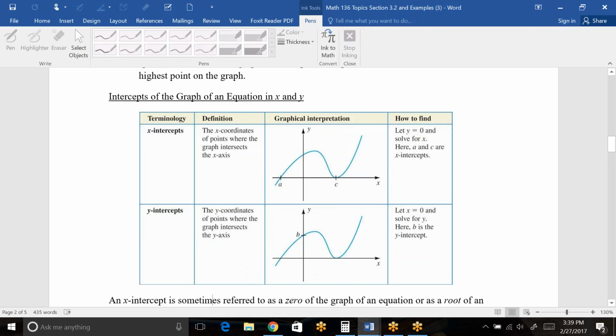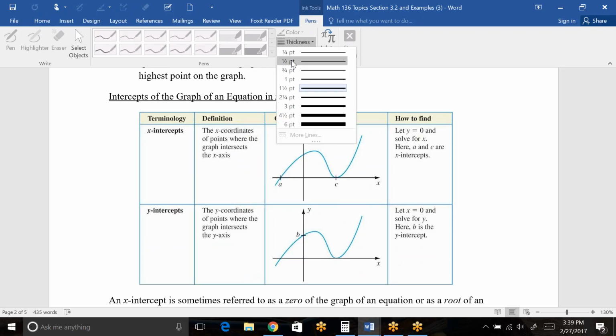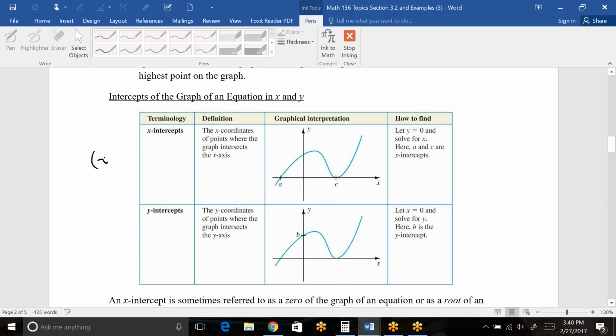Okay, so when I said plotting some points, one of the ways to graph is to find some key points. Specifically, where do you cross the x-axis or the y-axis? Remember, x-intercepts are of the form (x, 0), some number and then comma 0, whereas y-intercepts are always 0 and then some number for y. If you're trying to find an x- and y-intercept from an equation, you want to use this column over here.